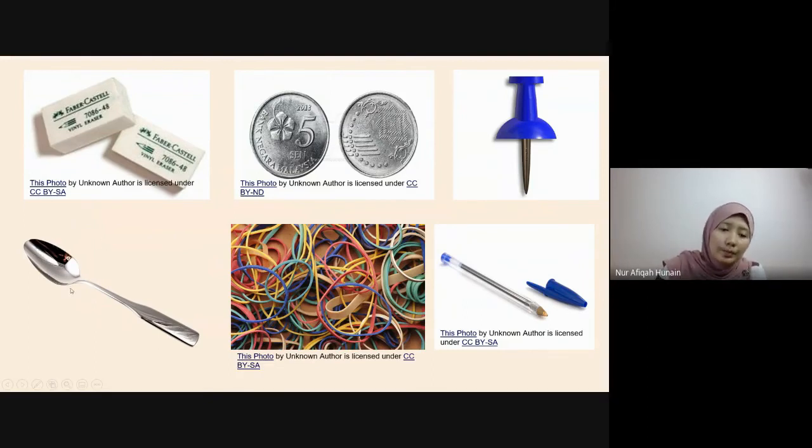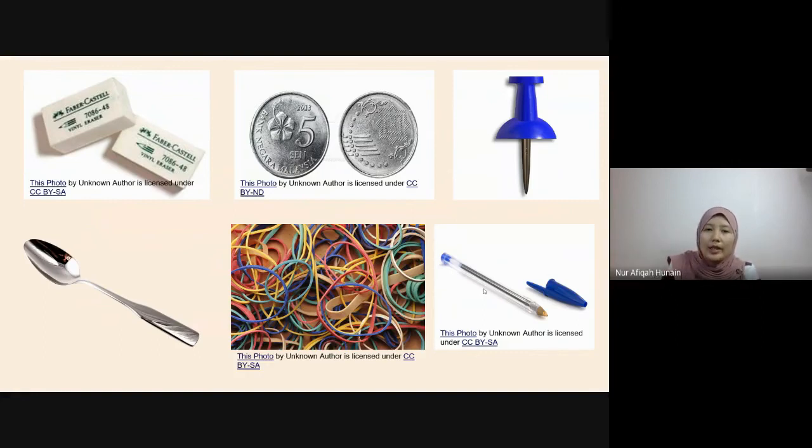So spoon, coin, and thumbtack are made of metal. Eraser, rubber band, and pen are non-metal. So we can classify them into the materials they are made of. Okay, so it's either metals or non-metals.